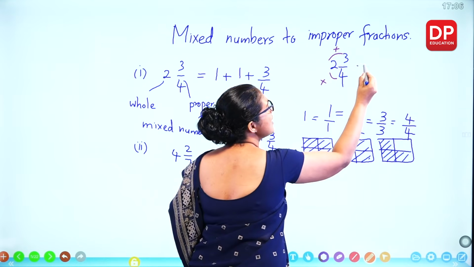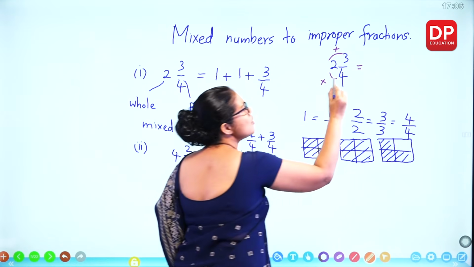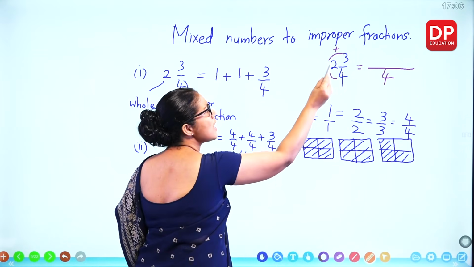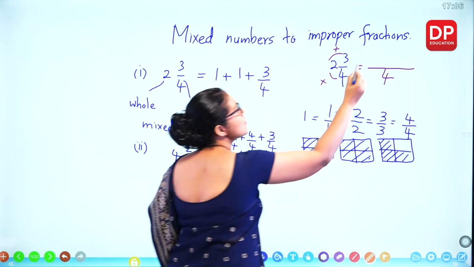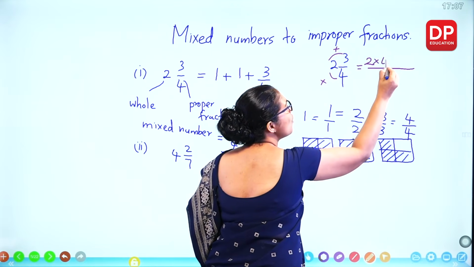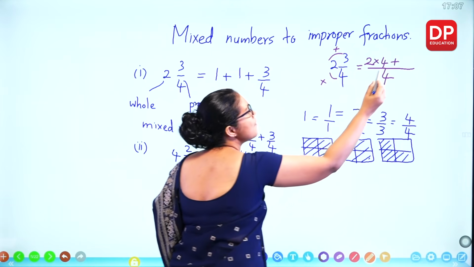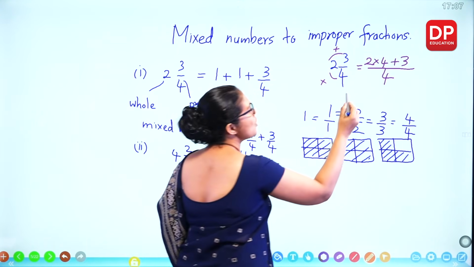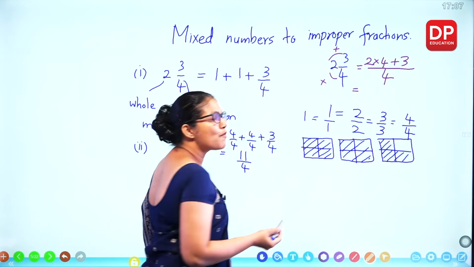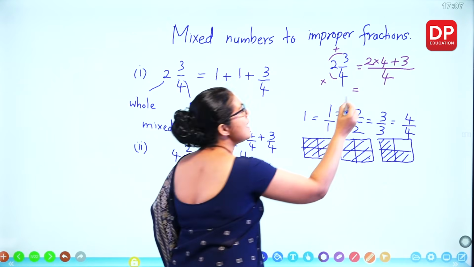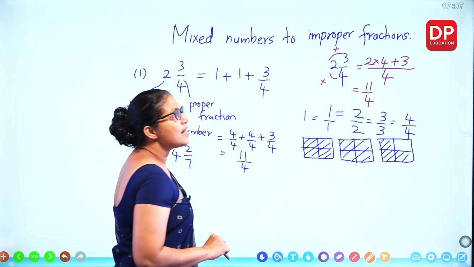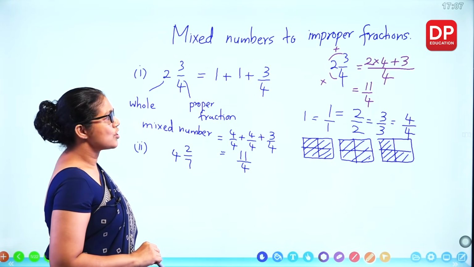The denominator is not changing, keep it as it is. 4 times 2 is 8. So I'll write it here, 2 times 4 plus, and you are adding the numerator value. 2 times 4 is 8, 8 plus 3, 11. So that's the easiest way to convert to an improper fraction.